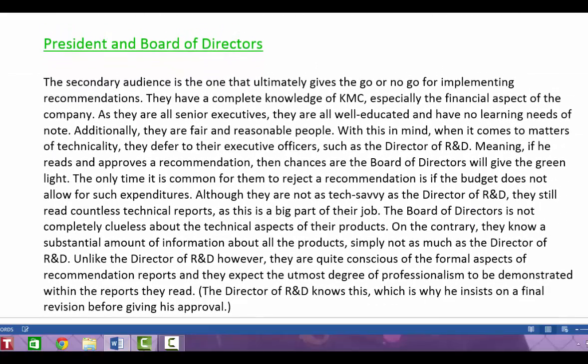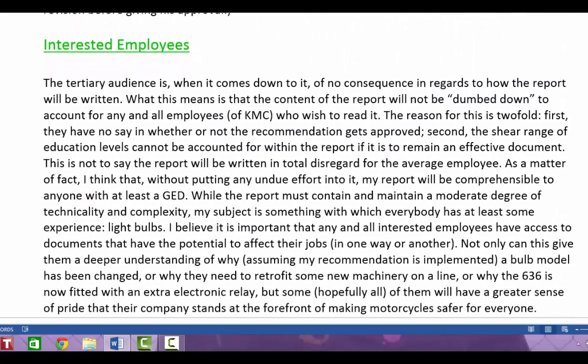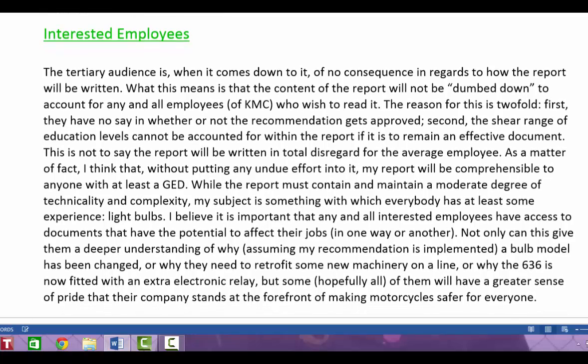He thinks the secondary audience is going to be the president and the board of directors for Kawasaki Motors, so he discusses those audience members' needs. And he thinks a tertiary audience for this recommendation report might be interested employees who would have access to the recommendation report.